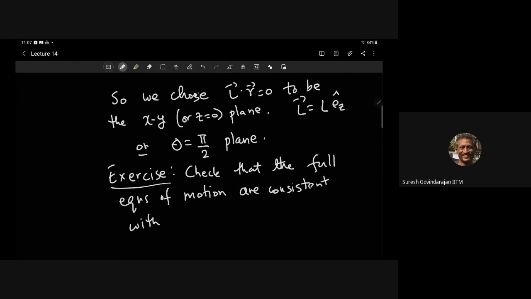If theta equal to pi by 2, what can we say about theta dot? 0. Okay, so we should check this. It will work out because there are fancy arguments, but what I'm asking is just a dirty argument: look at the Euler-Lagrange equation and see how that comes about. So this is an exercise.